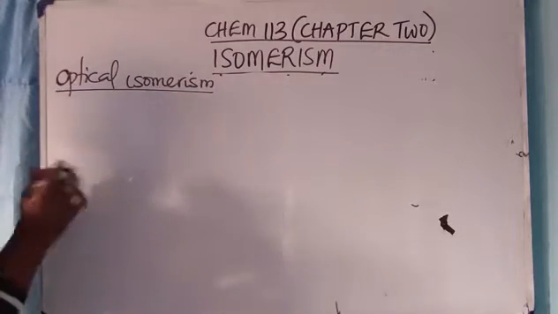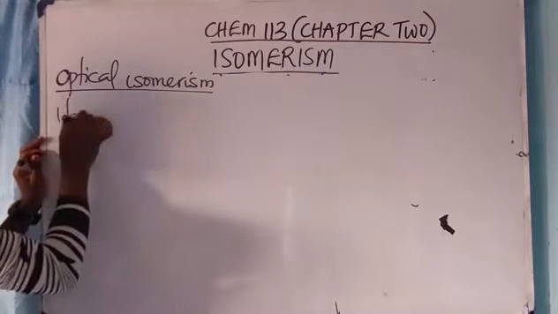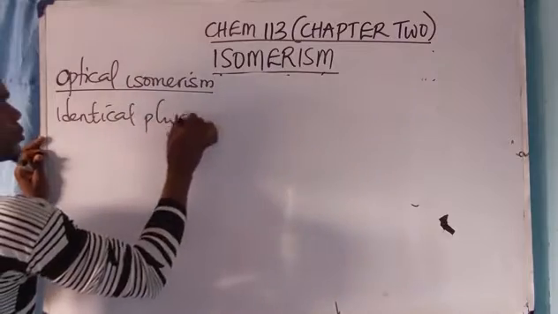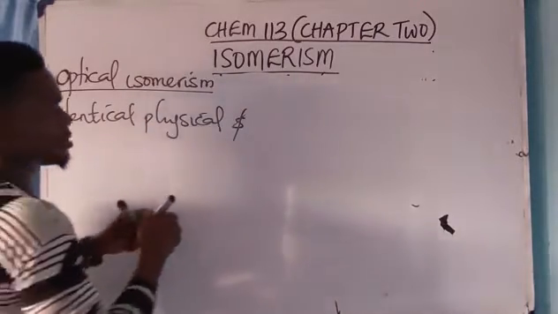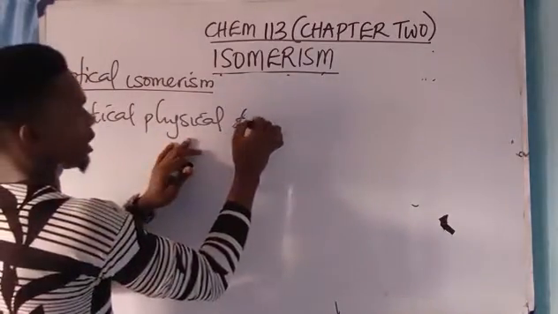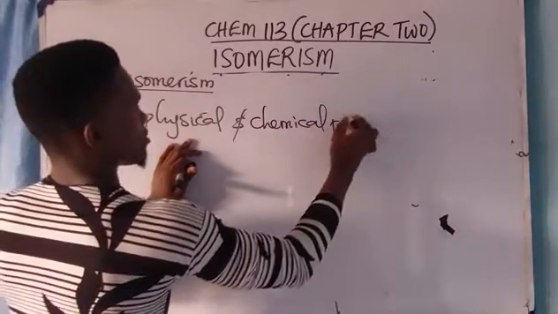Compounds that possess optical isomerism have identical physical and chemical properties. They possess identical physical and chemical properties.